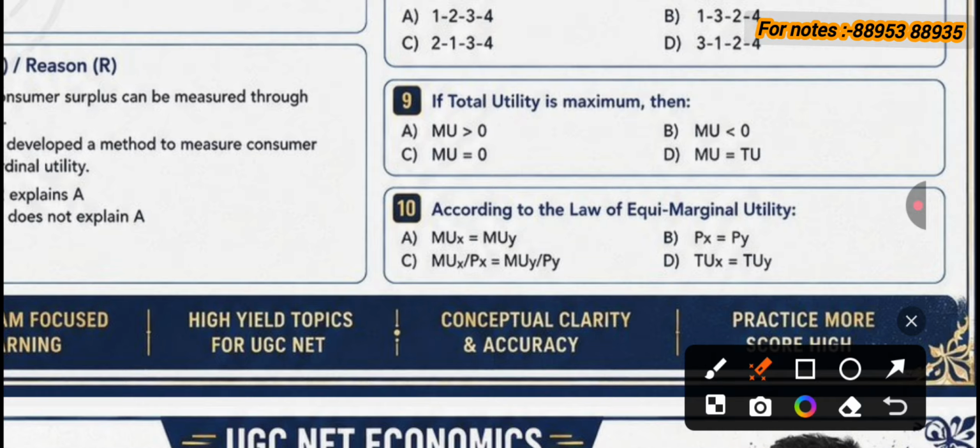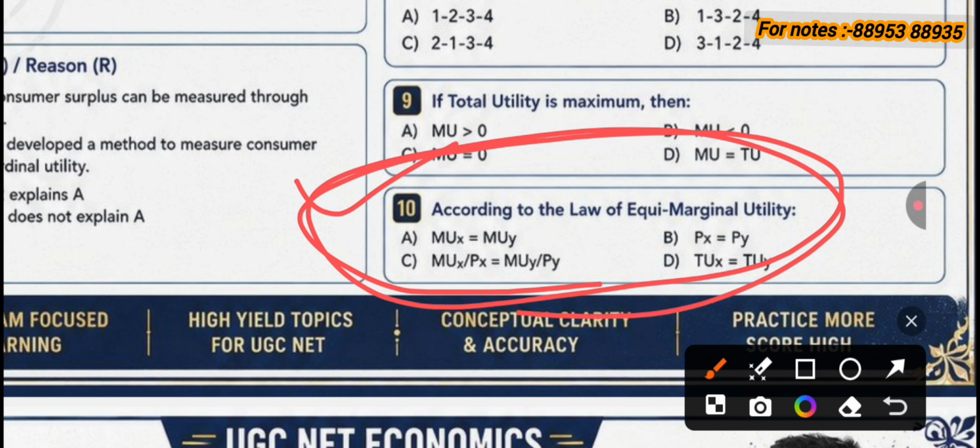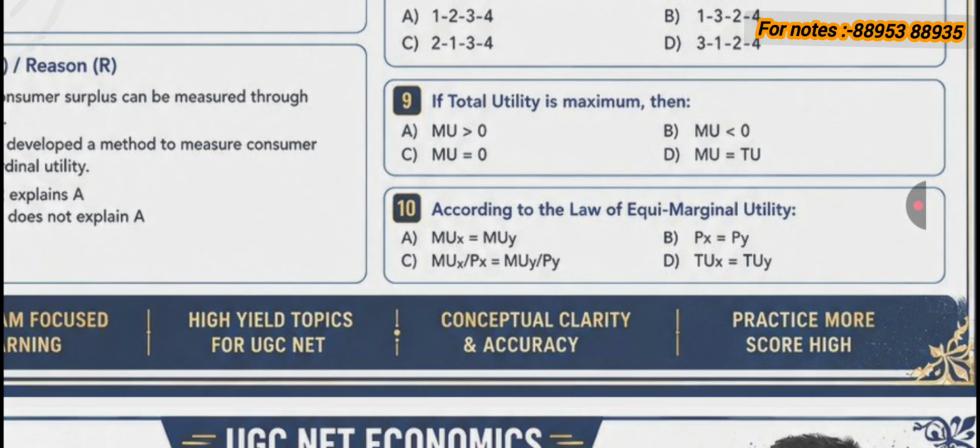Then what is the correct answer here? Correct answer is option C, MUx divided by Px equal to MUy divided by Py. And this is Gossen's second law, which is the law of equimarginal utility, and this utility theory is also most important in UGC NET Economics.